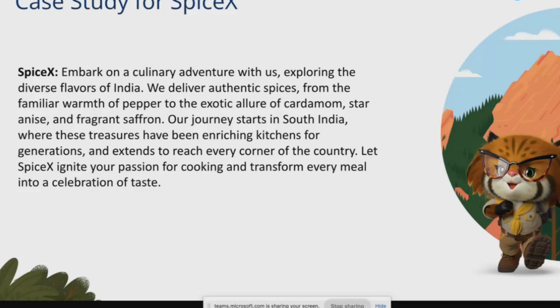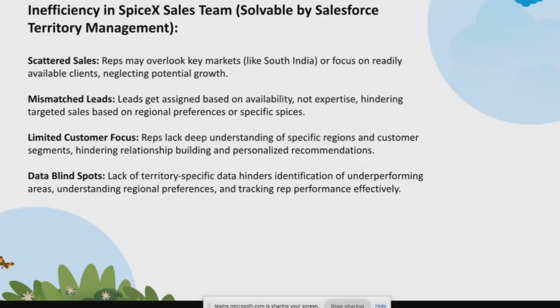But the problem in that kind of sales process is the inefficiency in the sales team. The first one is, if you focus on an entire region like India, you will miss multiple places, and you cannot deeply consider and focus on one region. So that is one kind of inefficiency.